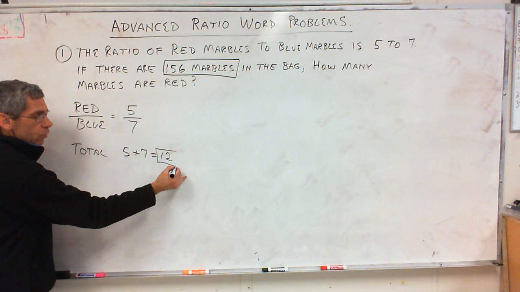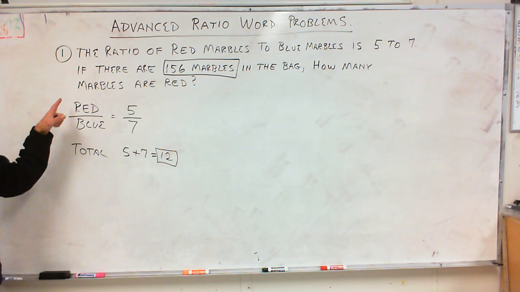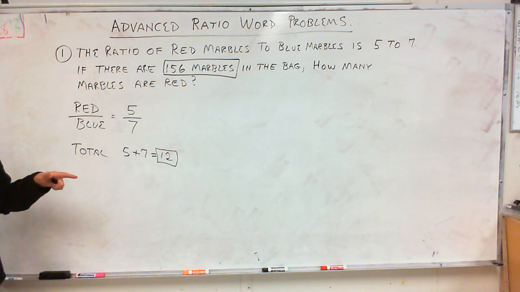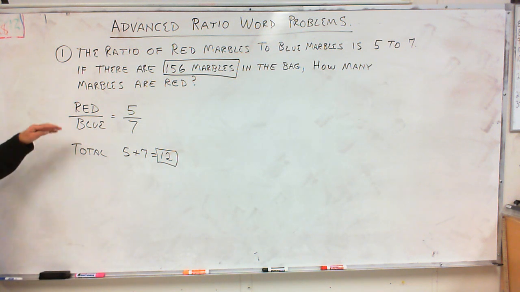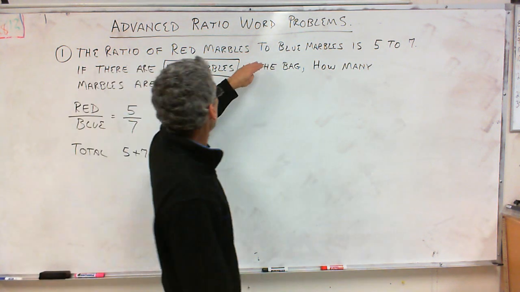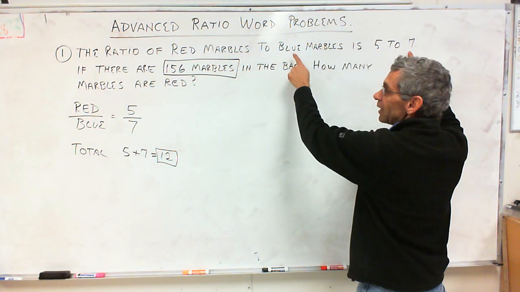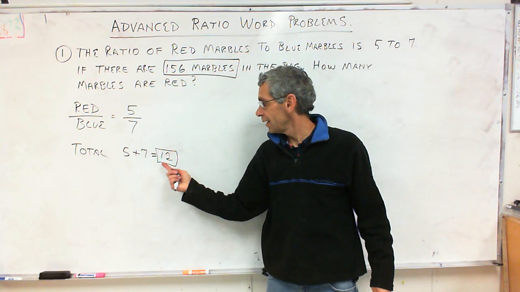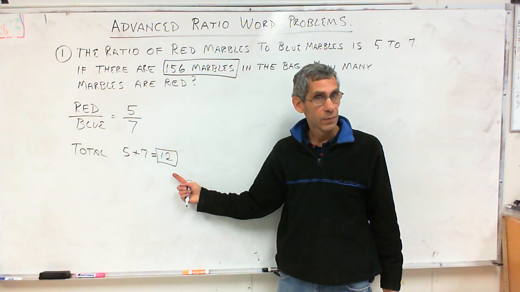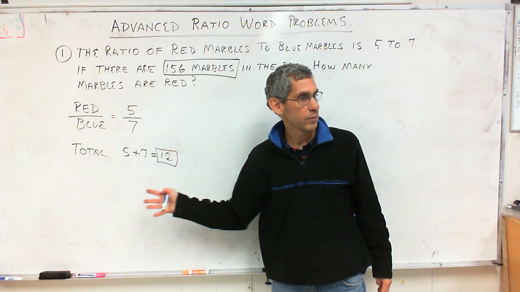That's my total in my ratio. Does that make sense? So I have my red marbles is 5, my blue marbles is 7, and my total is 12. That's my sample space.